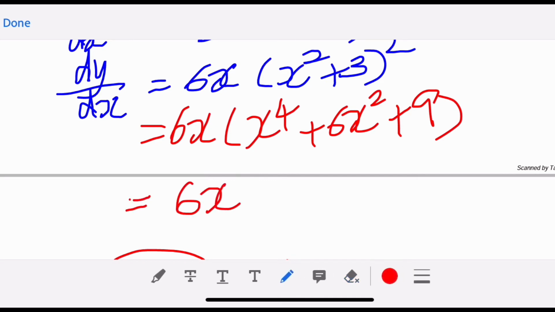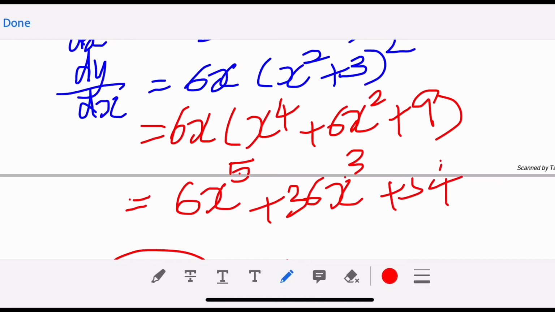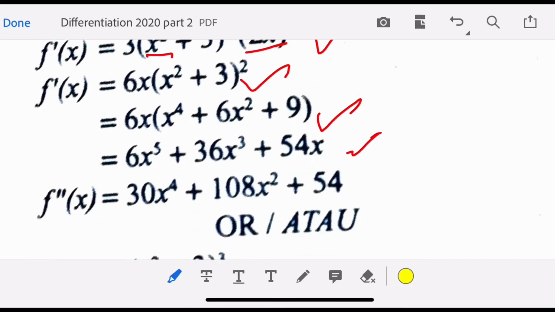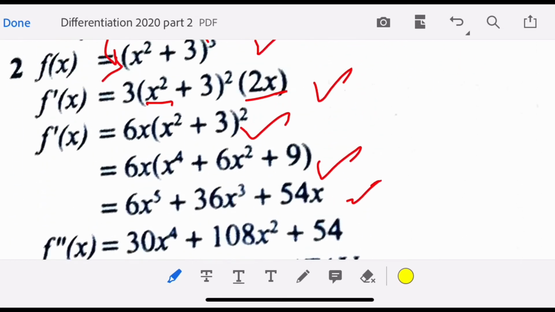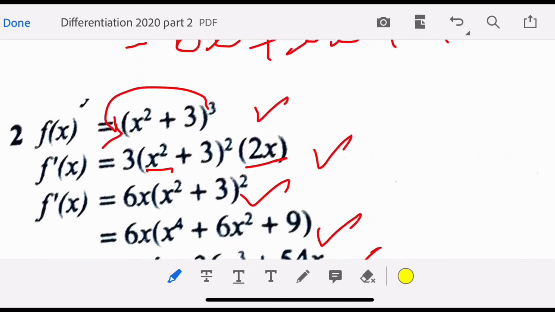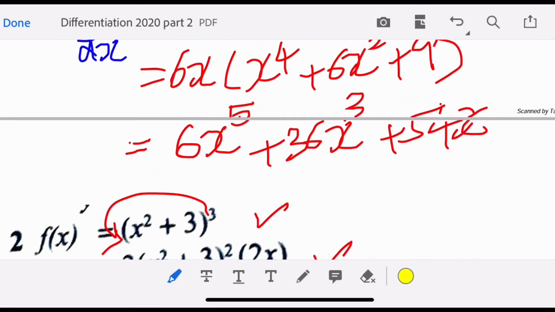So I got 6x to the 5 plus 36x cubed plus 54x. Now I can start to differentiate because I have ax to the n.